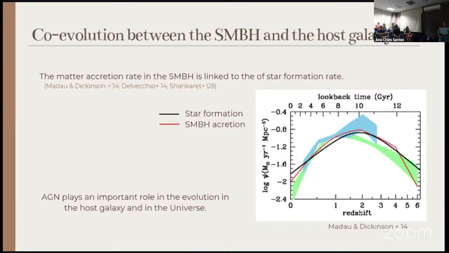We can see in this graph the star formation history in the black line, and the supermassive black hole accretion rate in red, linked with the peak between redshift 2 to 3. This is called the cosmic noon epoch, the period where we have both star formation and supermassive black hole accretion at the highest rate.